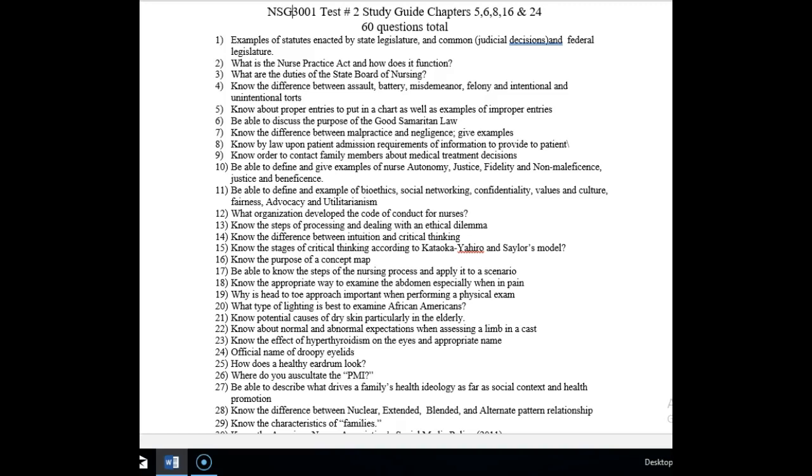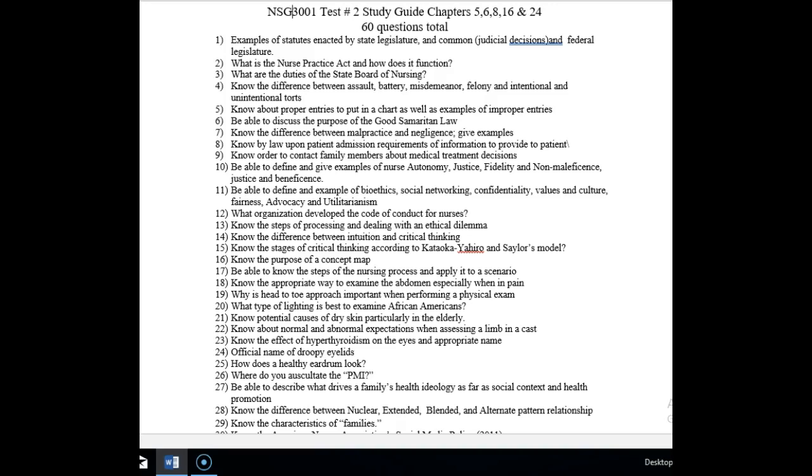Let me see. Be able to find and give examples of nurse autonomy, justice, fidelity, non-malfeasance, and beneficence. So, the first one that we asked about was autonomy.